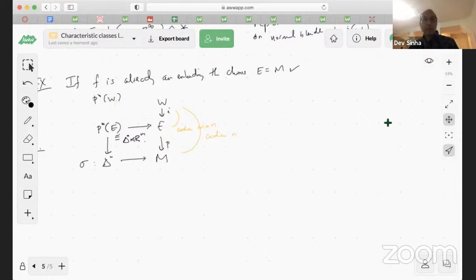And then the point is that if sigma is transverse to W, then upstairs, what we get is the pullback of W. Sorry, I mislabeled these.